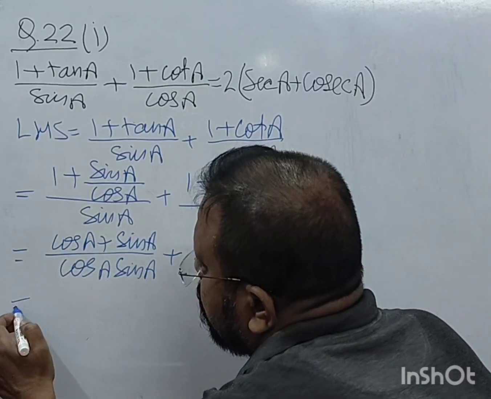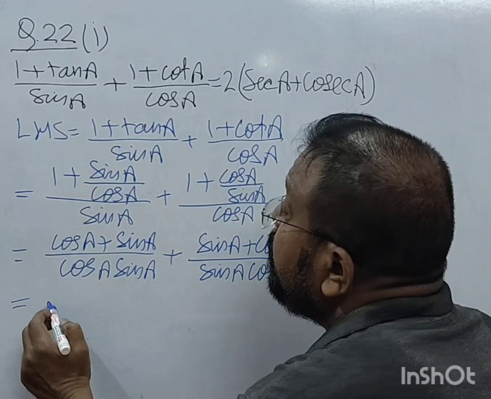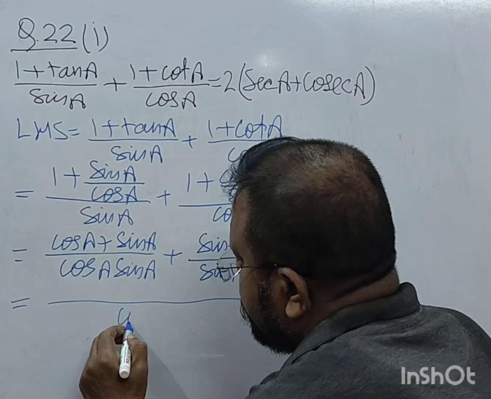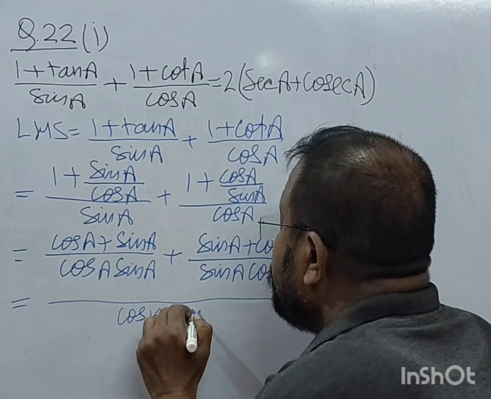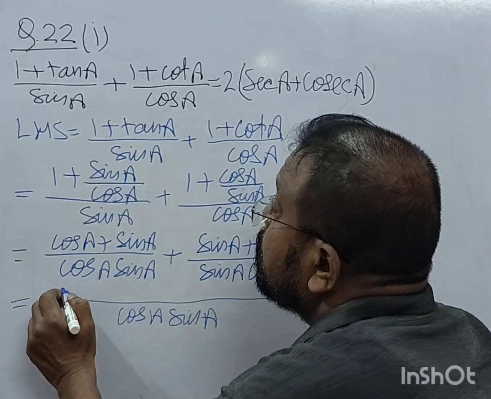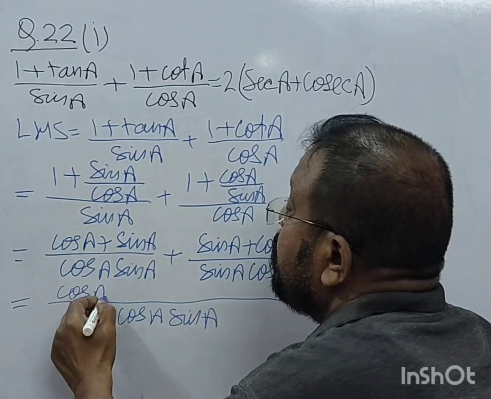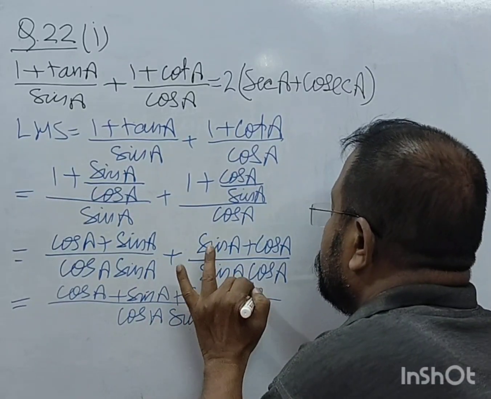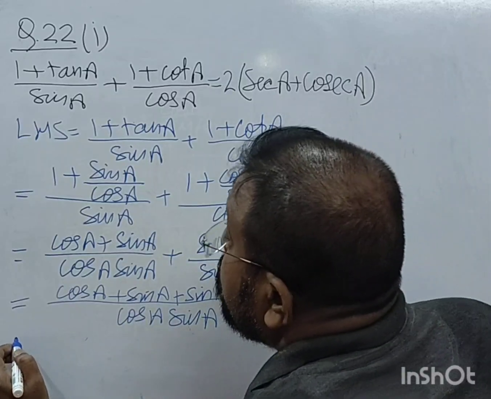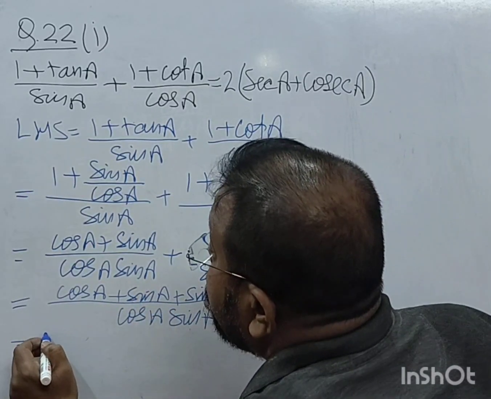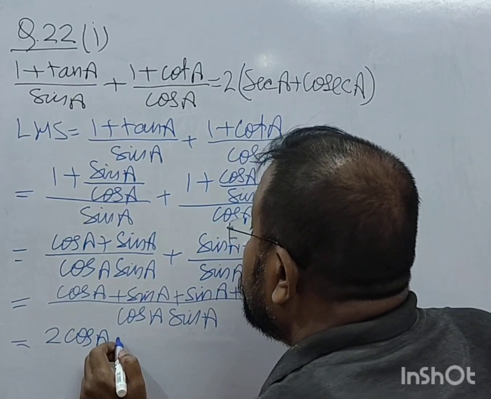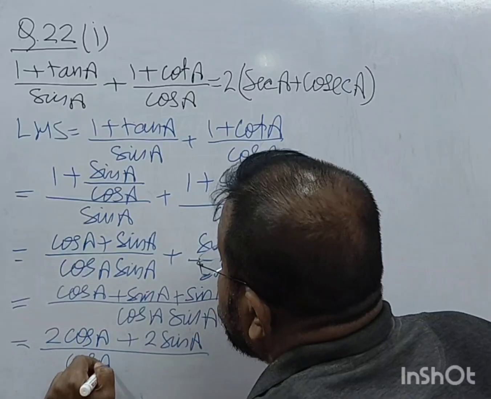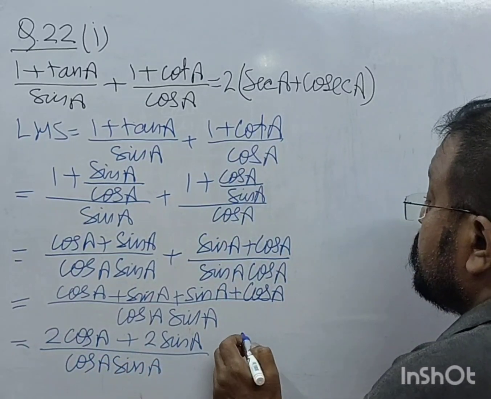Now if we take cos A sin A as an LCM, this becomes cos A plus sin A plus sin A plus cos A. When you add these two, you will get 2 cos A plus 2 sin A upon cos A sin A.